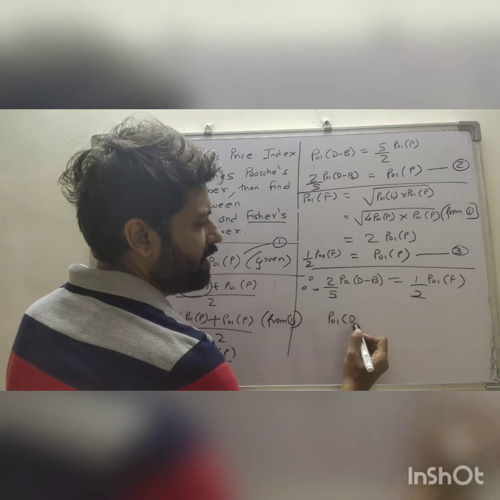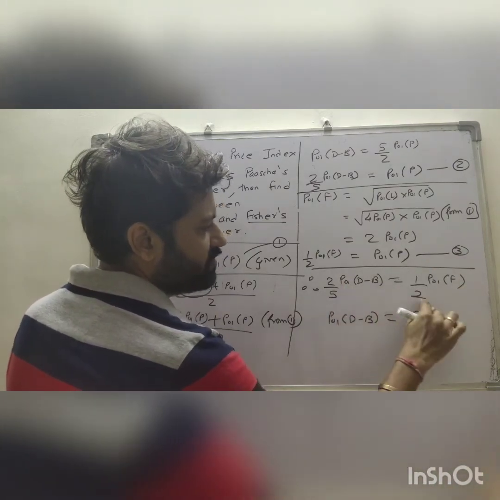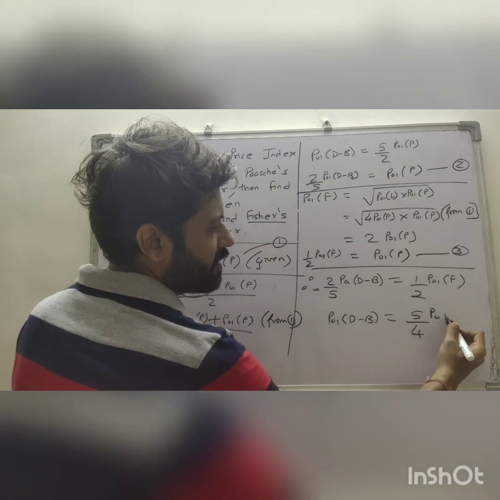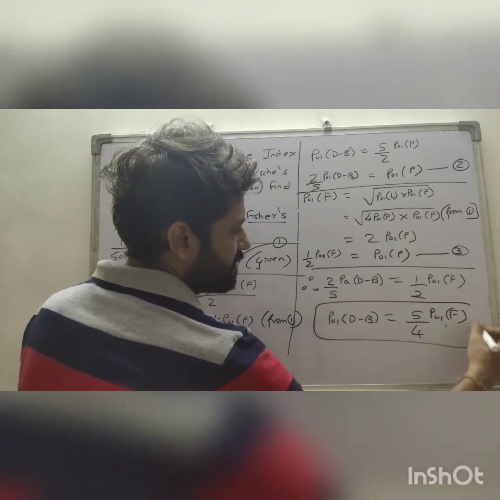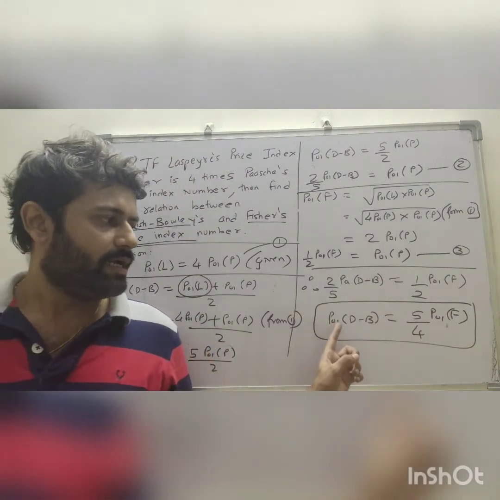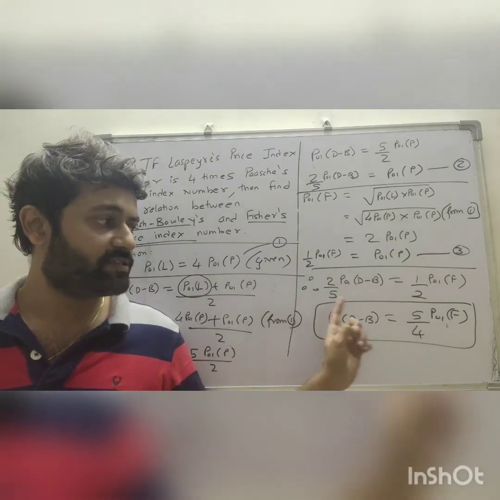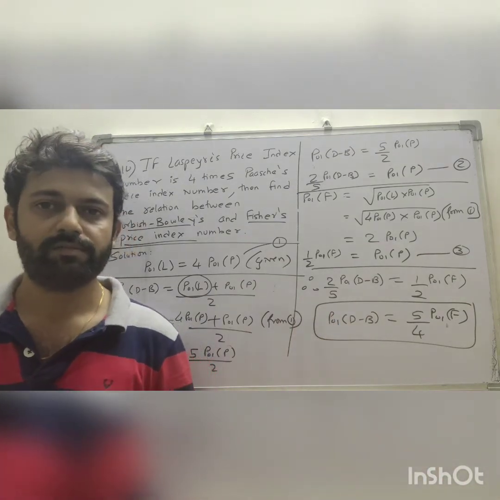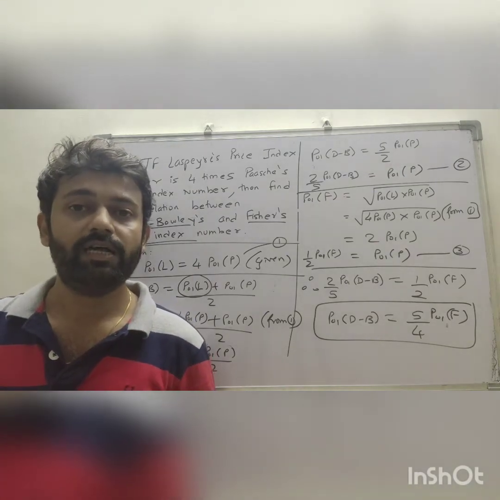Let us keep Drobisch-Bowley एक जगह पे, ये 5 ऊपर जाएगा, ये 2 नीचे जाके मल्टीप्लाई हो जाएगा, and we get this relation between Drobisch-Bowley and Fisher. I can say price index number of Drobisch-Bowley is 5 upon 4 times Fisher's. If you want, you can change the answer.